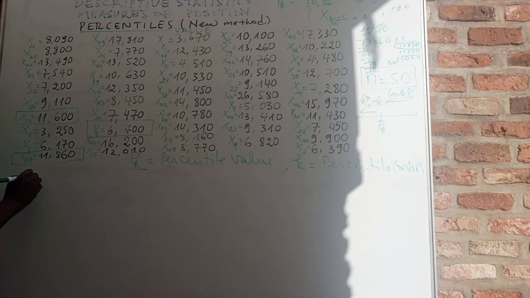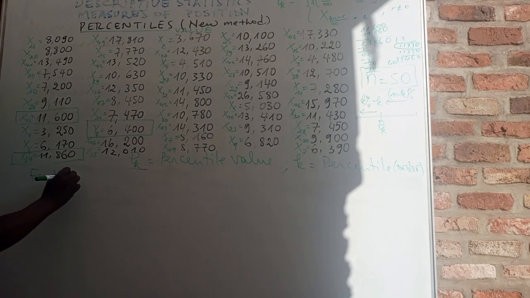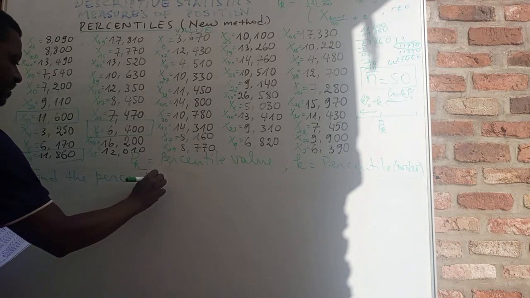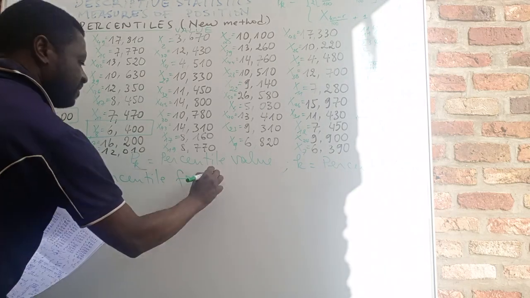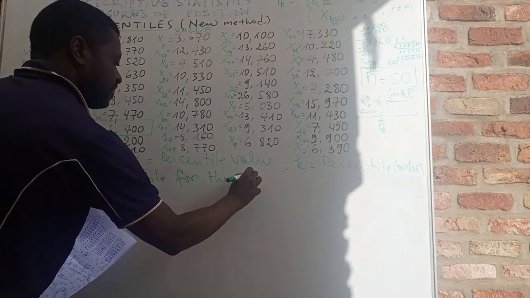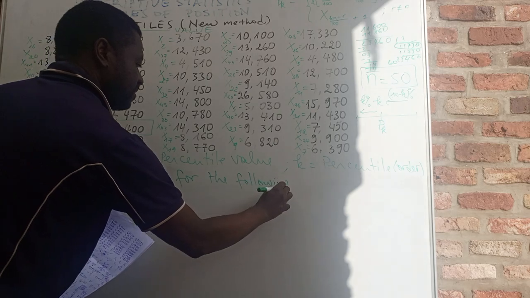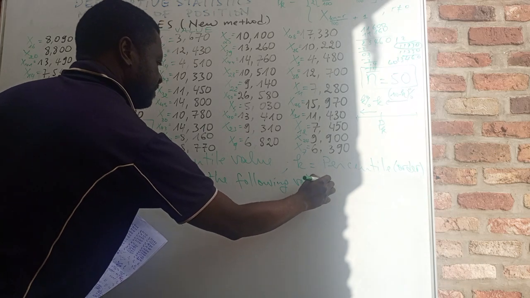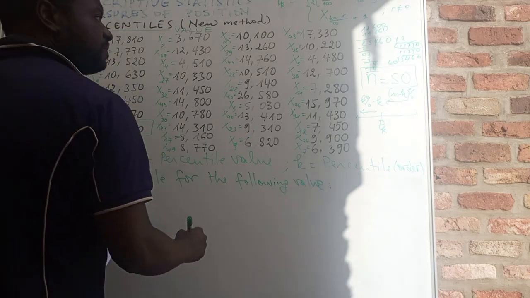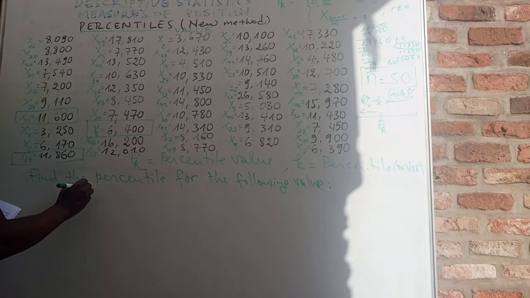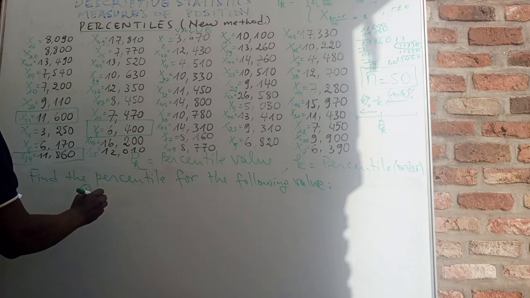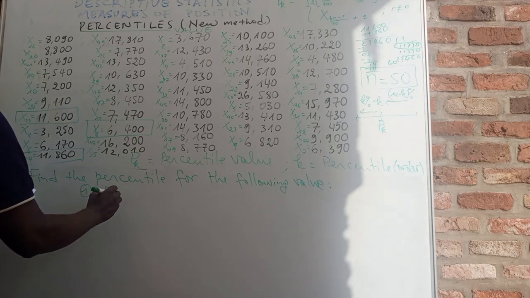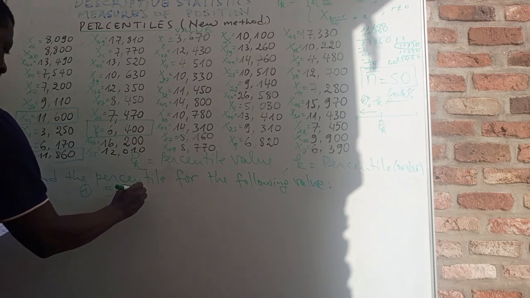Find the percentile for the following values. Number one, we have 5, 0, or 30.